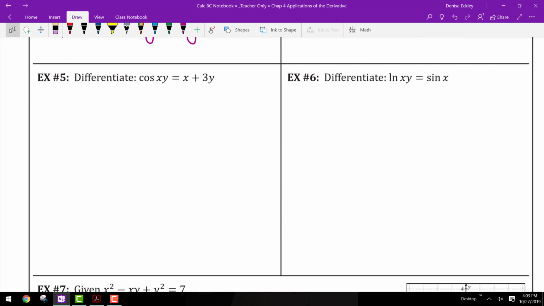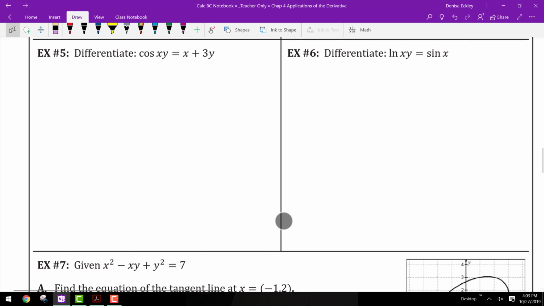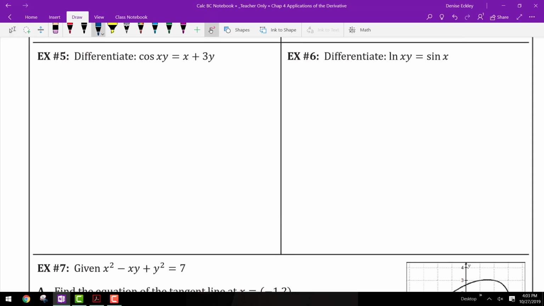So we're going to do differentiation of cosine. So to do this one, we're definitely going to have to apply the chain rule. So we're going to take the derivative of cosine xy, which will be negative sine xy.